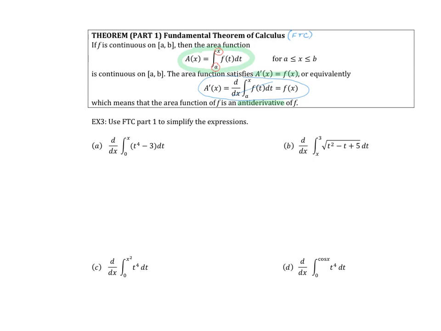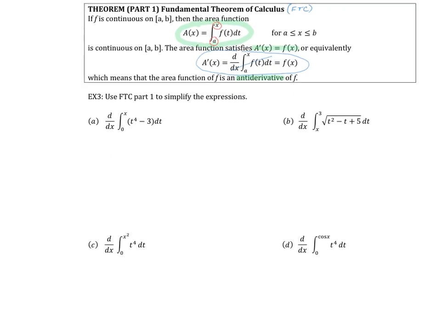So, if I was going to simplify this derivative of an integral in part A, the fundamental theorem of calculus says that if I start with a number, and I'm starting with 0, and I go to just x, I'm allowed to replace, this will all cancel, the derivative of an antiderivative cancels, and then all I have to do is replace my variable t with this variable x to get x to the 4th minus 3.